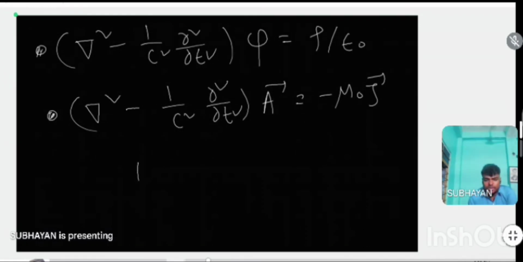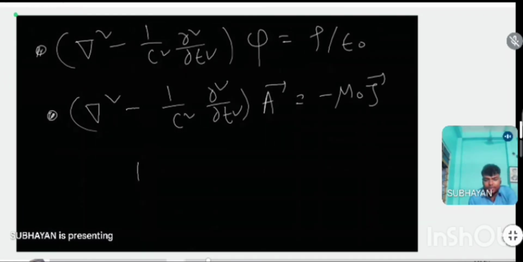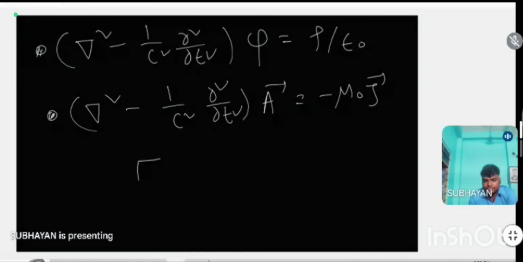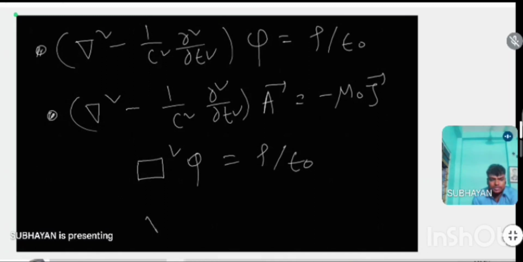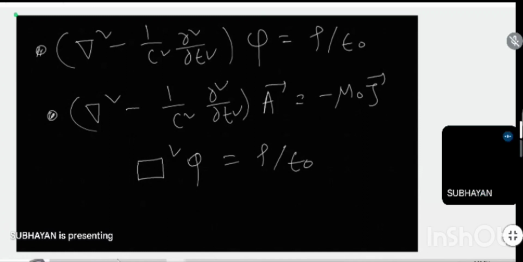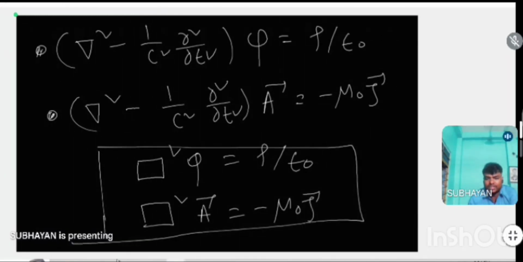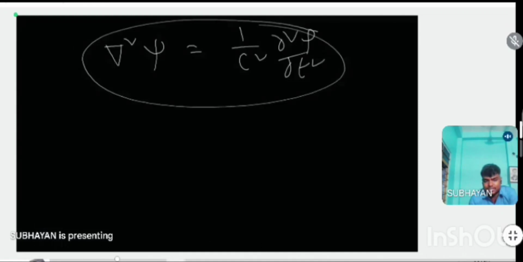Okay. So these are the D'Alembert operator. So box square of phi is equal to rho by epsilon naught, and box square of A is minus mu naught J. And these are the inhomogeneous wave equations. You know the normal wave equation, homogeneous wave equation, grad square psi equal to 1 by c square del 2 psi by del t2.